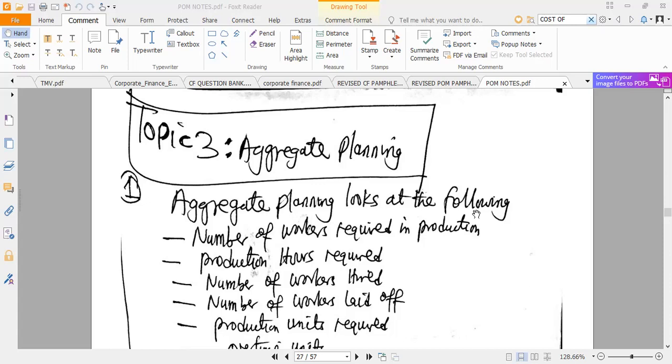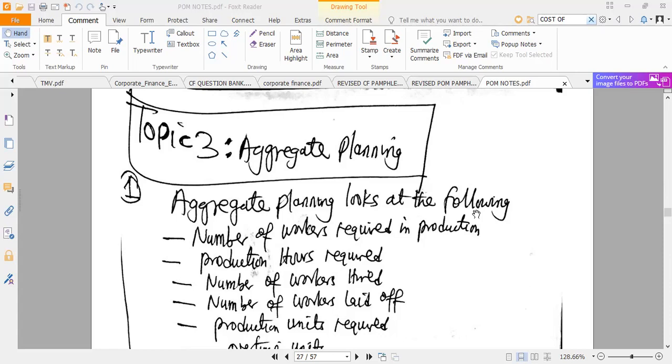So, in a nutshell, this looks at two strategies that a firm would need to go for as they are looking at their production levels.